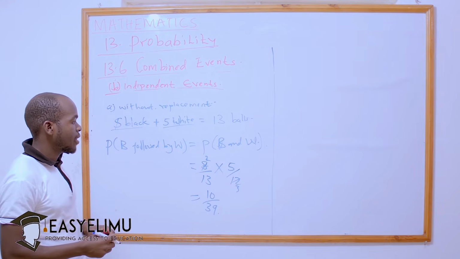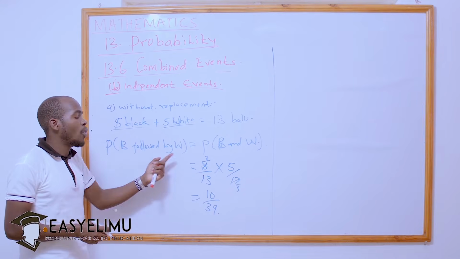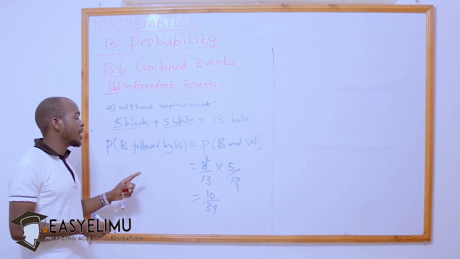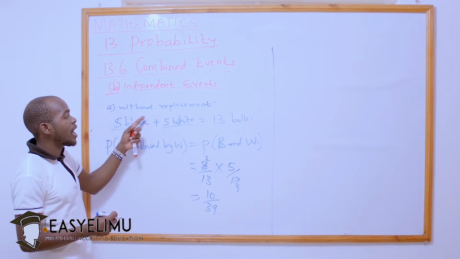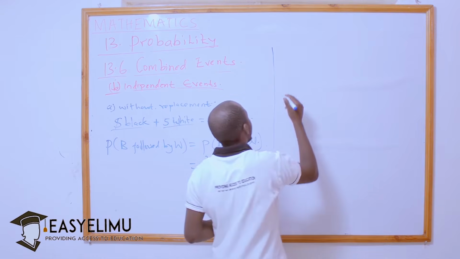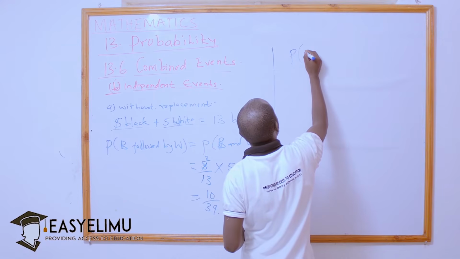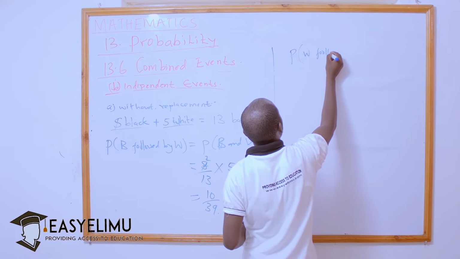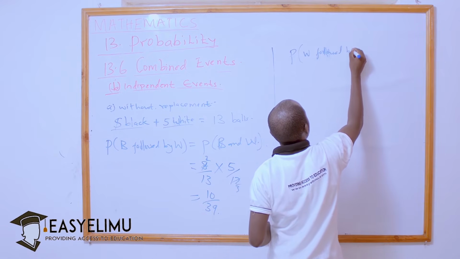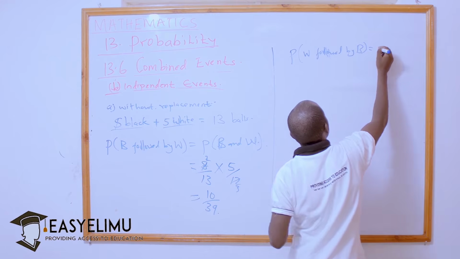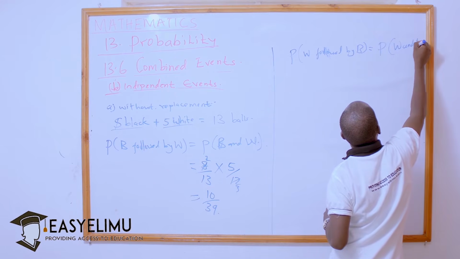But remember one thing, if you picked the first ball as black, followed by white, you can still pick the first ball as white, followed by black, without replacement. So we are going to find the probability of a white ball followed by black, which is the same as finding the probability of white and black.